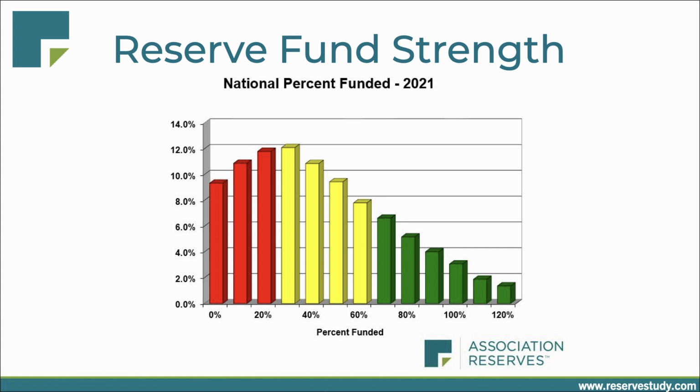Most people are surprised because they're thinking that every association has weak reserves, and that's not true. The truth is that about 30% of associations have weak reserves, about 40% have fair reserves, and another 30% have strong reserves where special assessments are rare.